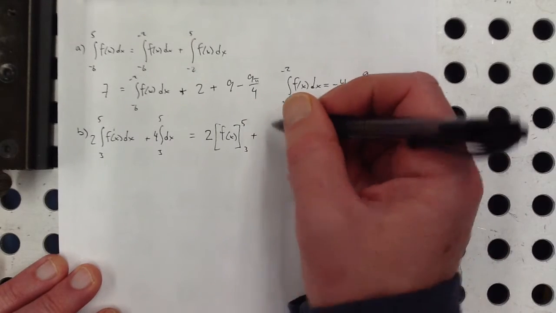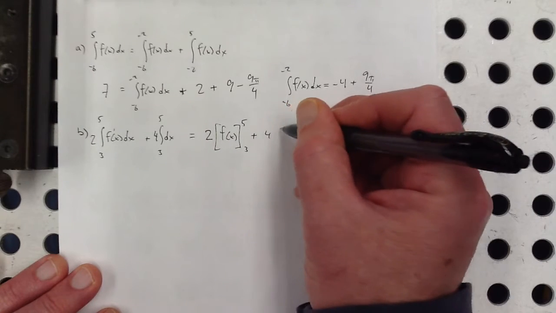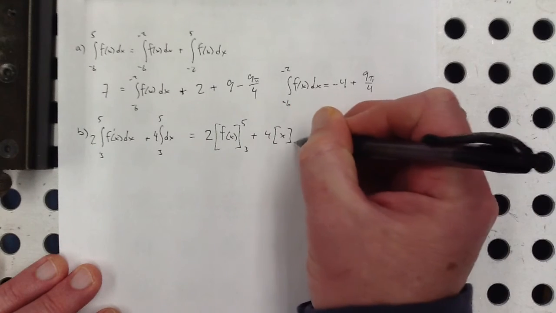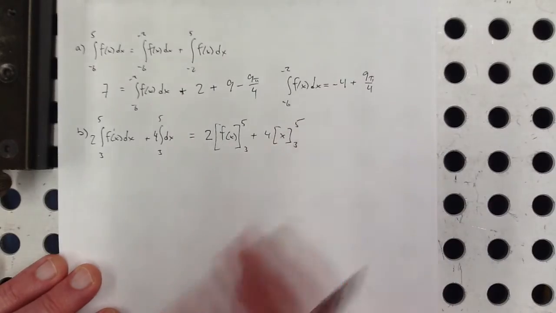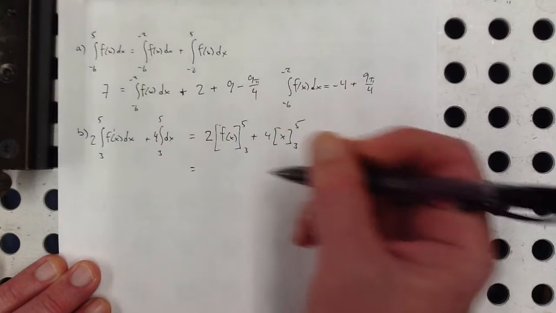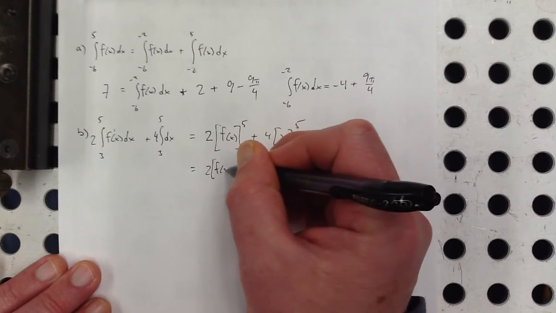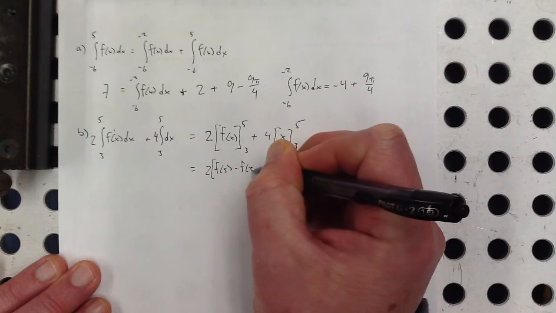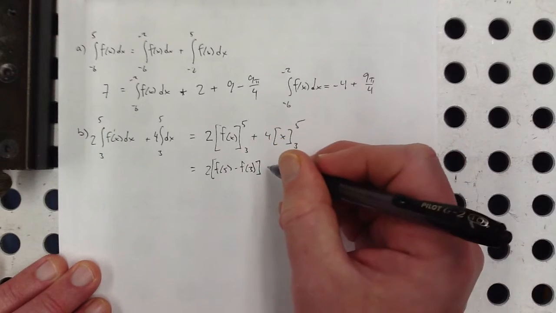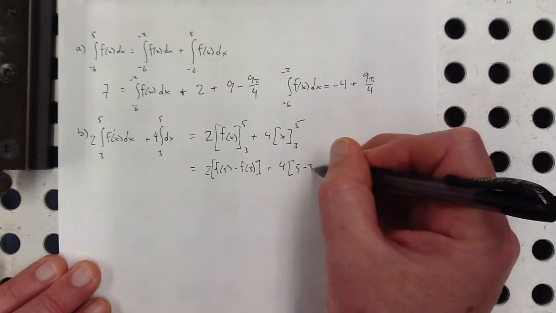Plus the antiderivative of dx is x, so that's 4 times x from 3 to 5. You could have done that with leaving the constant in there. That's fine. And then that is 2 times f of 5 minus f of 3 plus 4 times 5 minus 3.